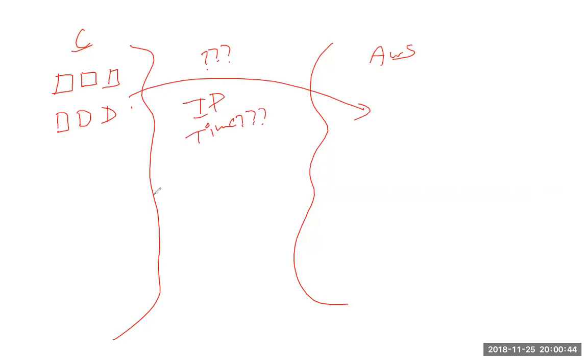So to avoid that, I have a service called Snowball. With this service, you raise a request to AWS saying that I want to shift my data. What will AWS do? AWS will send a truck with a hard disk in it. The hard disk comes here.